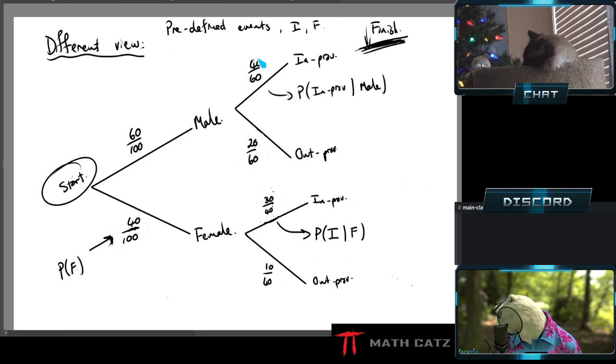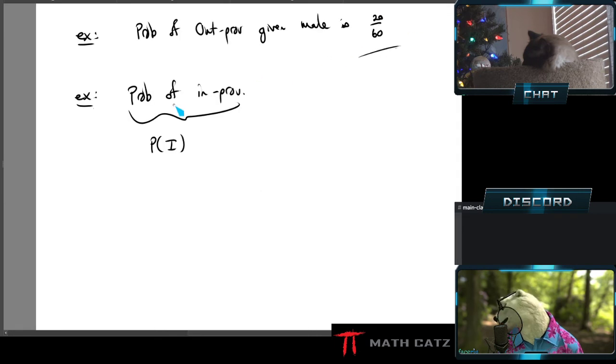I look, is that probability somewhere on here already? No, because the requirement in province can be obtained by taking the male branch, but also the female branch. There are multiple ways to end up with a person that is an in-province student.